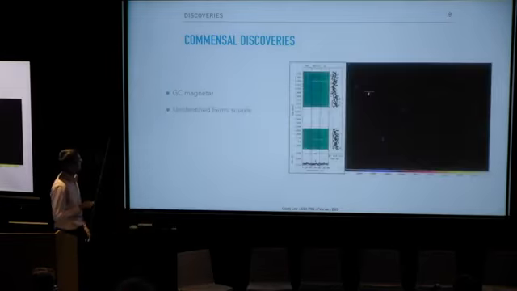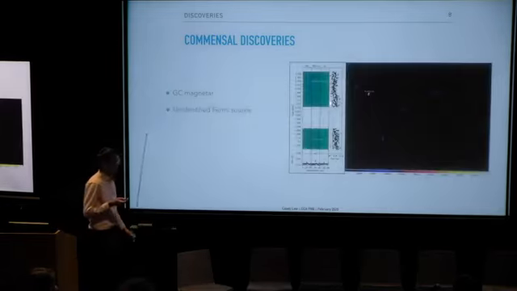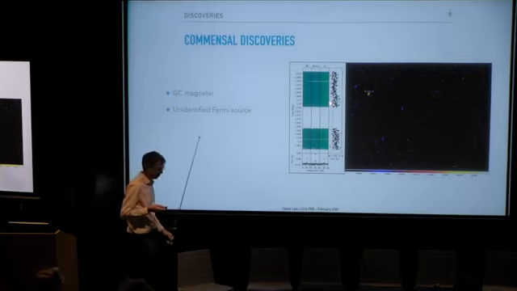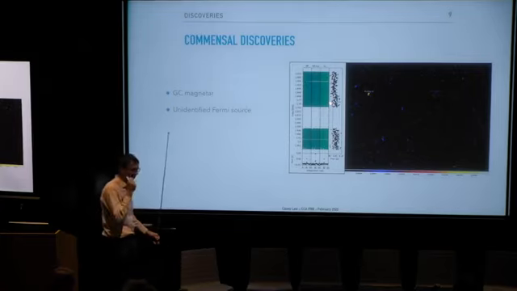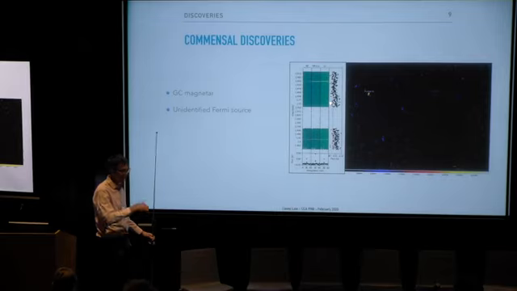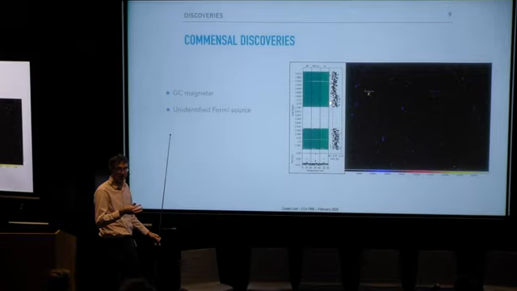And what else? We actually were observing commensally with a program. Someone was using a program to look for a radio emission associated with a Fermi unidentified source. So there's a sort of cottage industry of trying to infer the nature of these Fermi unidentified sources.